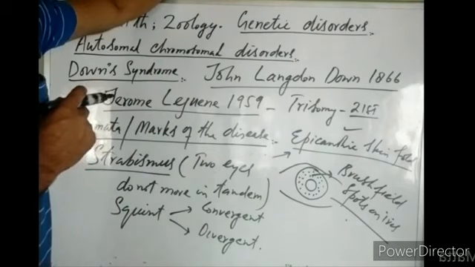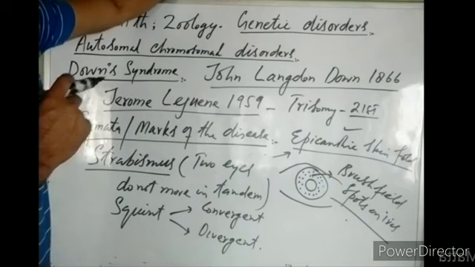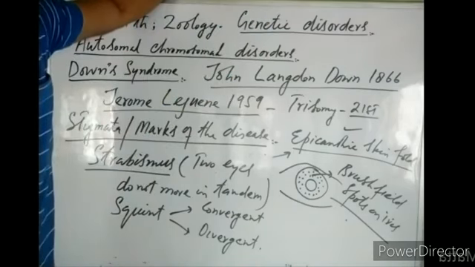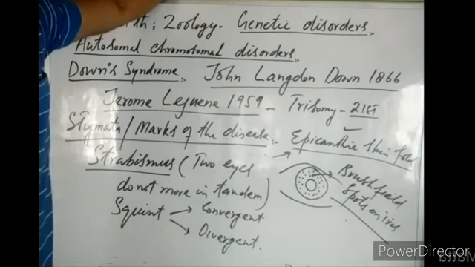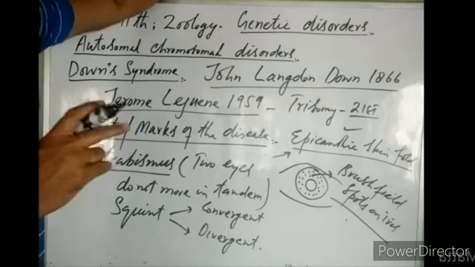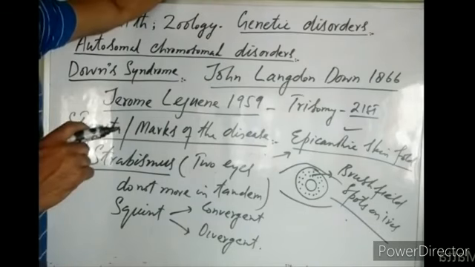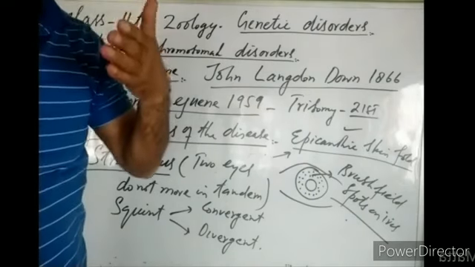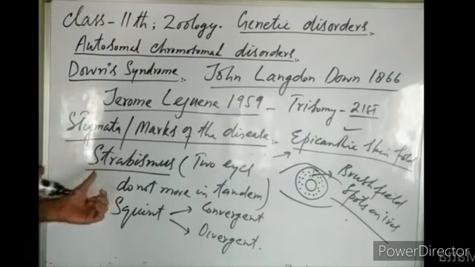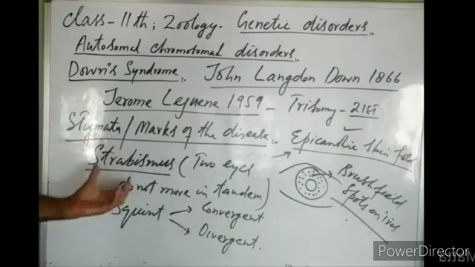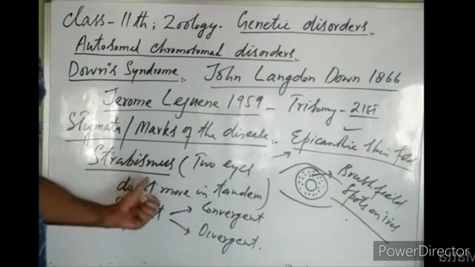We may call it looking to London, talking to Tokyo. So that condition is a divergent squint, and convergent squint is when both eyes are directed inwards towards the nose, right? This non-tandem movement of the eyes is known as strabismus.